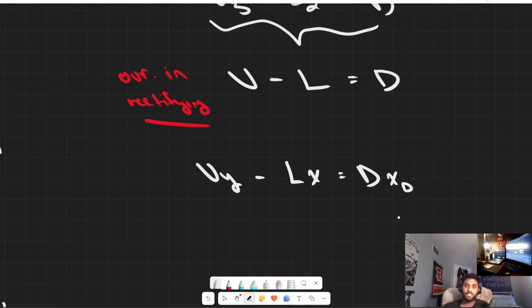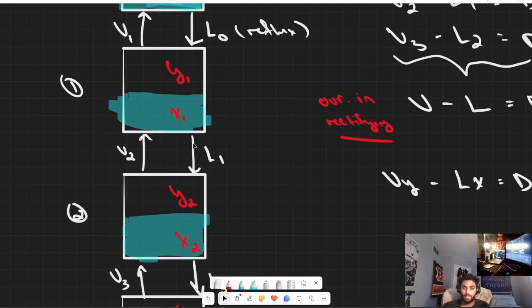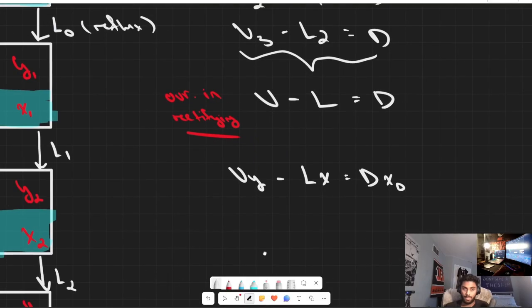However, the issue with saying this is, remember when we did our nomenclature, whatever is entering our system is not the same number as whatever is leaving our system. These crossing streams are not labeled under the same nomenclature.